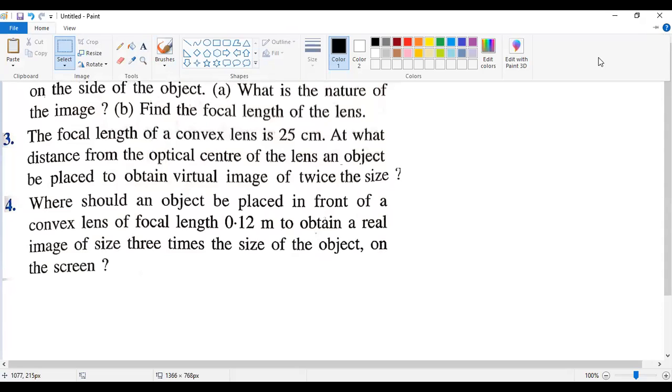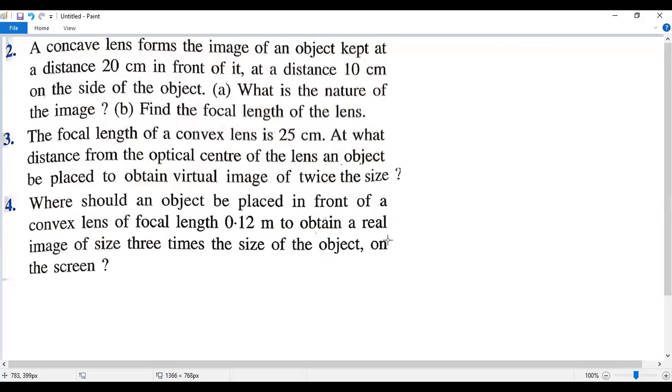We have that a concave lens forms the image of an object kept at a distance of 20 centimeter in front of it. So first of all, let us draw a rough diagram that you are having a concave lens.